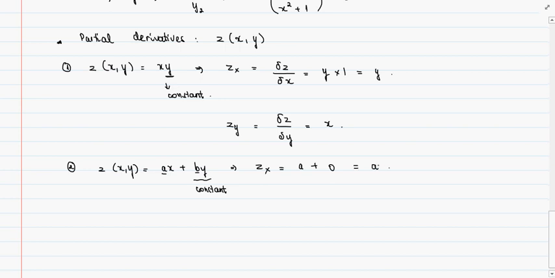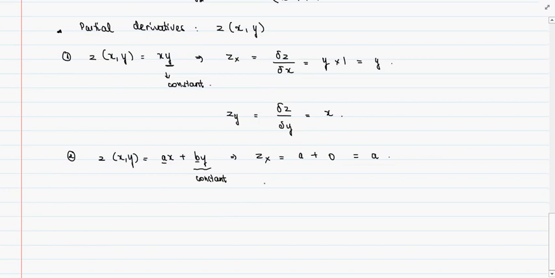That will give me a. Very similar: if I want to differentiate with respect to y, then I'm treating x as constant, so the whole thing over here becomes 0, and if I differentiate by with respect to y, I'll get b. So that will just give me b.